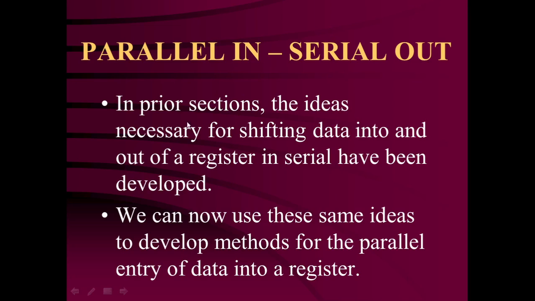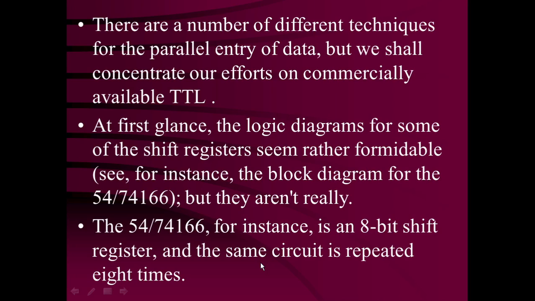In the prior section, the ideas necessary for shifting data into and out of the register in a serial fashion have been developed. We can now use these same ideas to develop the method for parallel entry of the data into the shift register.